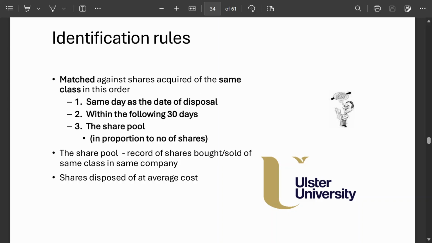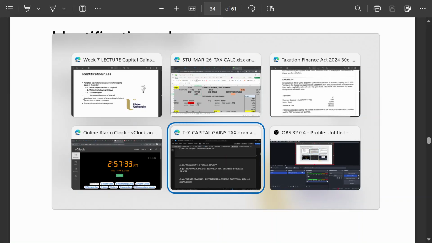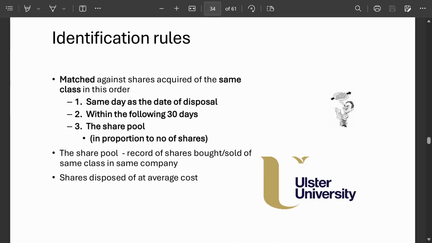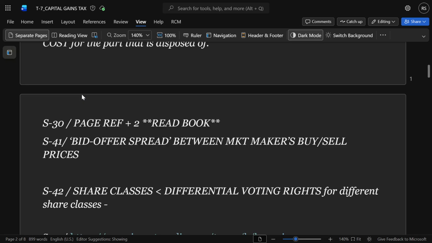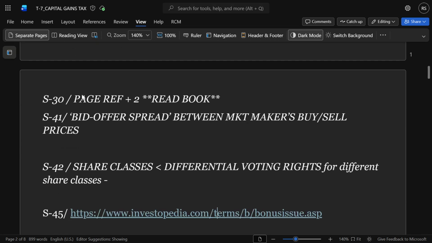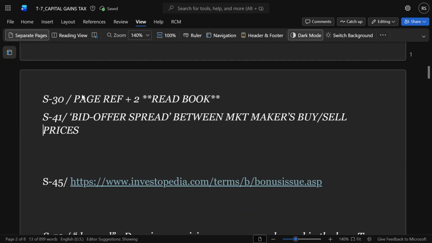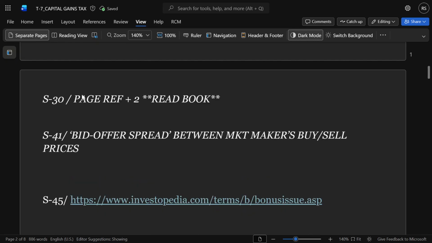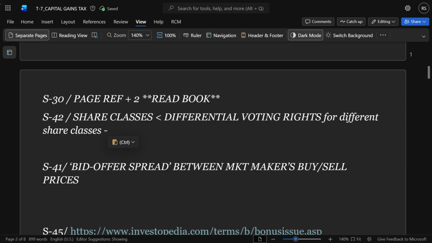I don't have enough time in the class to discuss all this, but share classes are very important. Let me see, which is slide 34. I don't have anything mentioned again. Yeah, this one. Share classes should actually be under slide 34. I'm mentioning it here, and I think you need to know about this, just like you didn't know about transfer pricing or arm's length transactions.